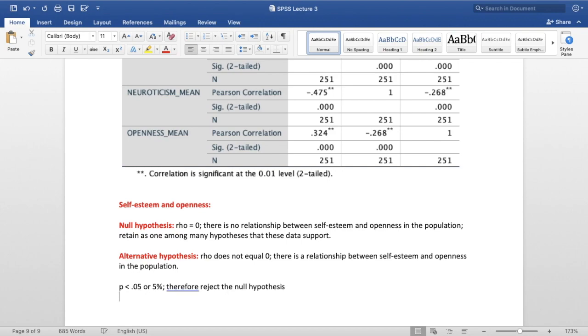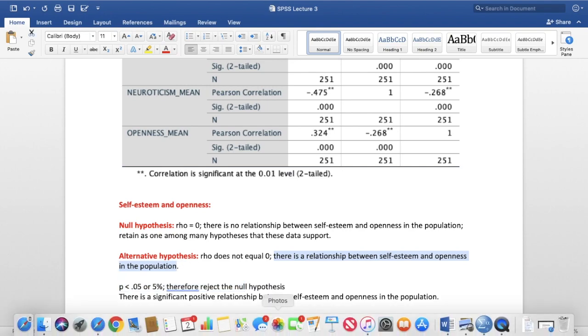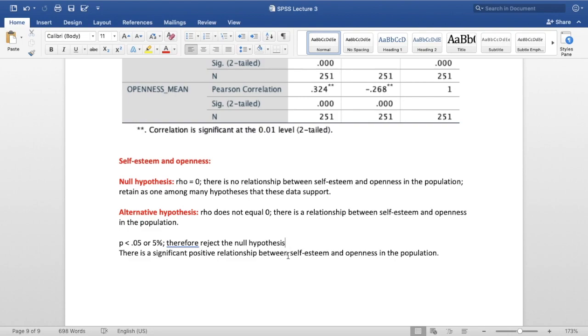So because we're rejecting the null hypothesis, we're going to interpret the alternative hypothesis, and we're going to say, so technically you can jump to what I just wrote, or you can actually start with the alternative hypothesis.